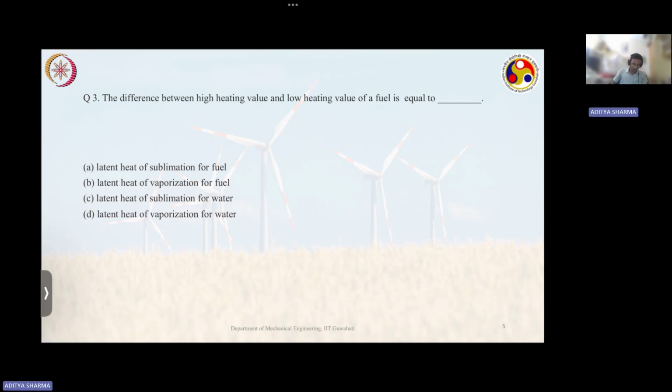This question says that the difference between high heating value and low heating value of a fuel is equal to.